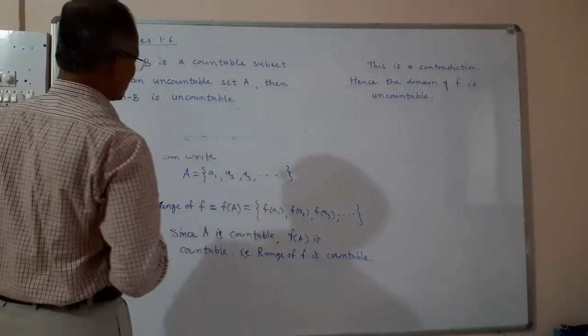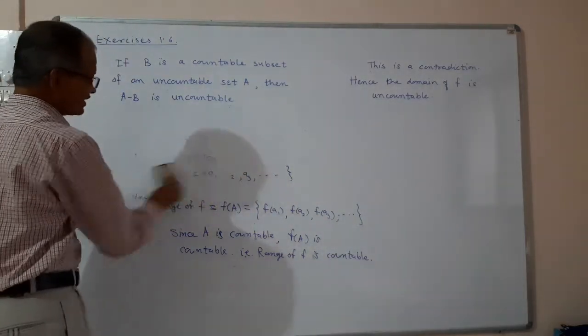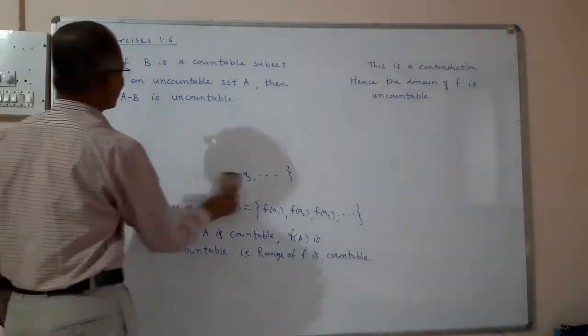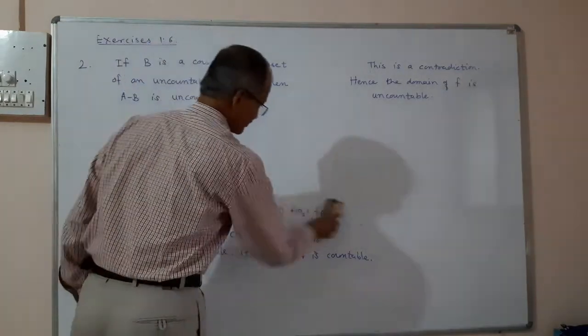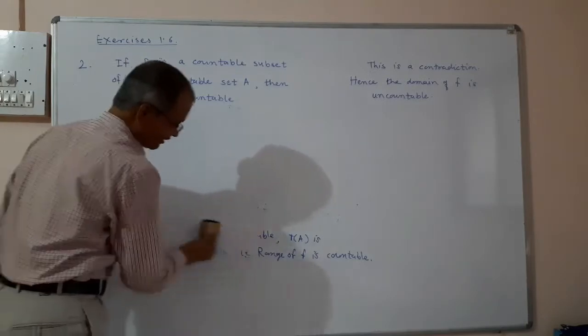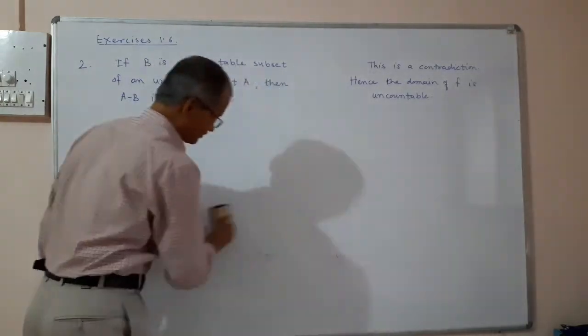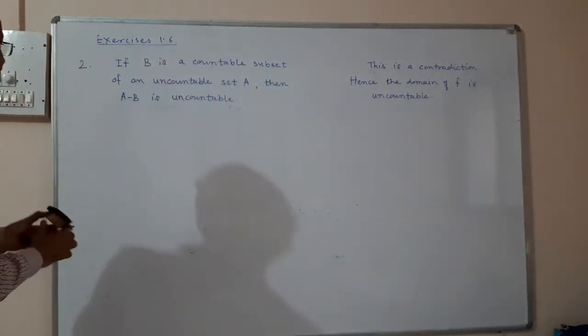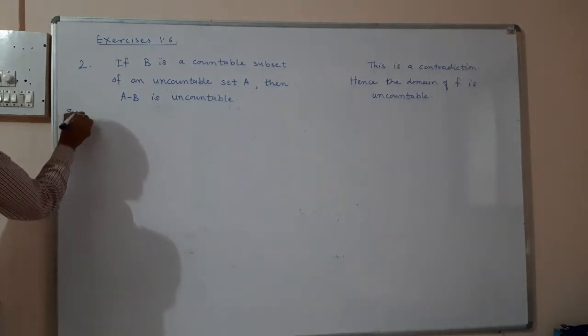Now how to prove this? So what is given here is B is countable and A is uncountable and B is a subset of A. Then we shall have to prove A minus B is uncountable. We shall consider a solution for this.